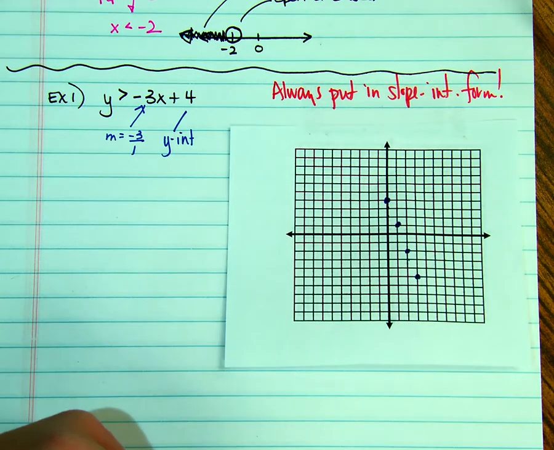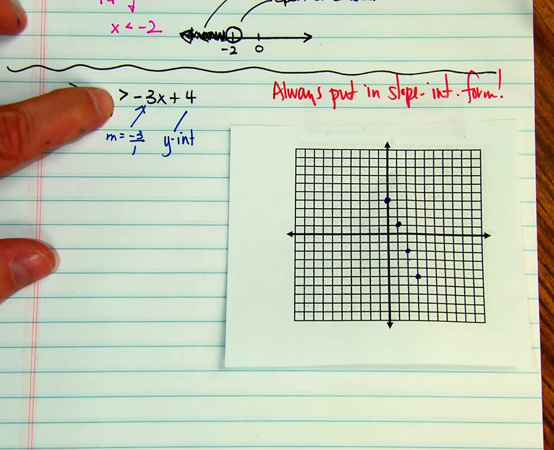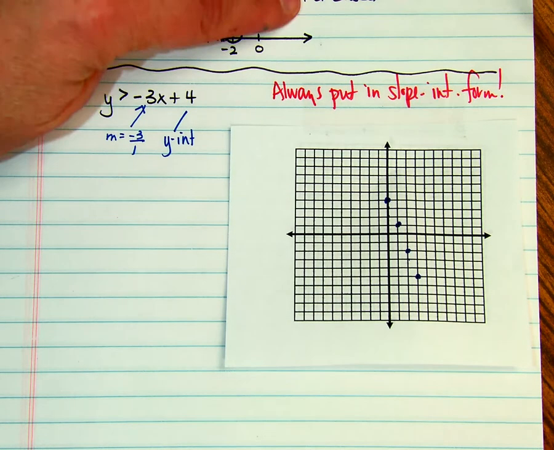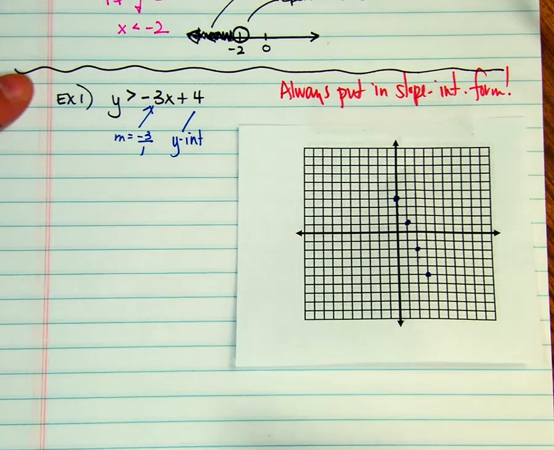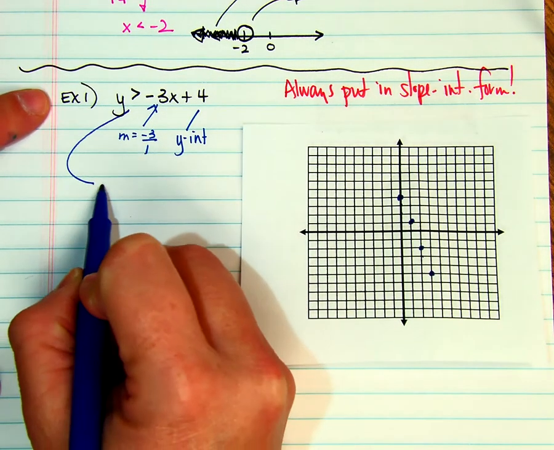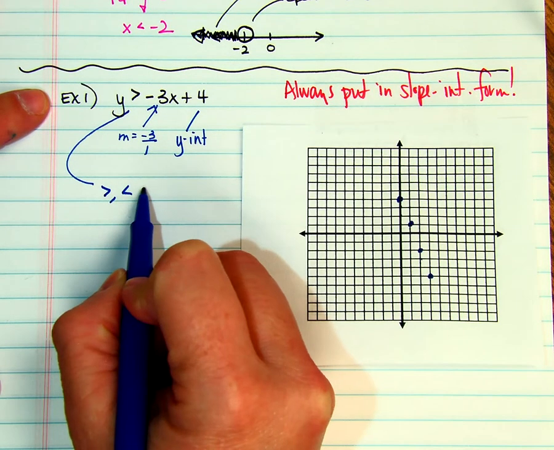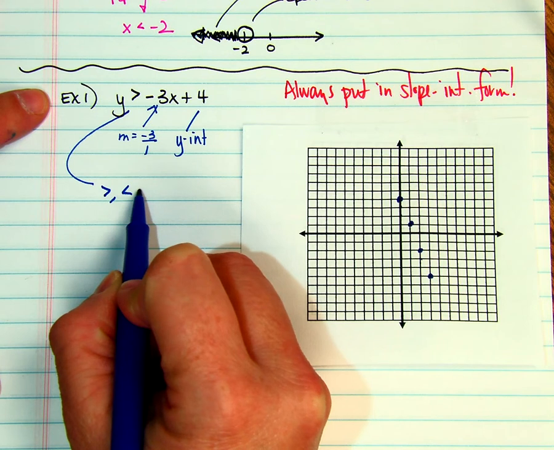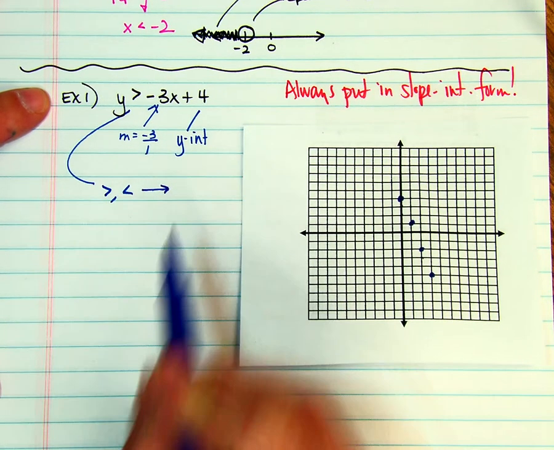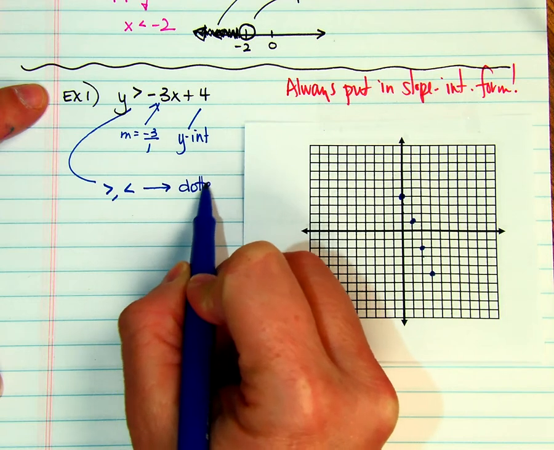Now, before, when we've been graphing lines, we just zip, and we draw the line. But remember, if we're dealing with inequalities, this is where we had that closed or open circle, and we had shading. Well, now since we're dealing with lines, if you have a greater than or less than, we have a dotted line or a dashed line.